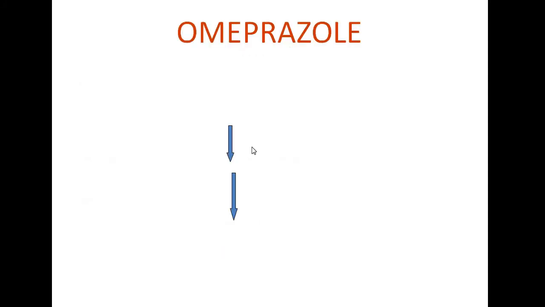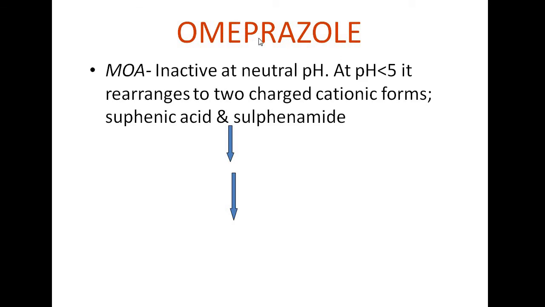Now coming to the proton pump inhibitors, it can be a 5-mark question by itself or it can be part of the main question: Classify drugs used in peptic ulcer, describe mechanism of action, uses, adverse effects of omeprazole. Now all these proton pump inhibitors are prodrugs. They are inactive at neutral pH.